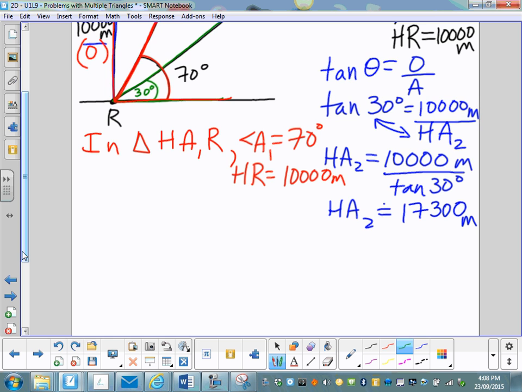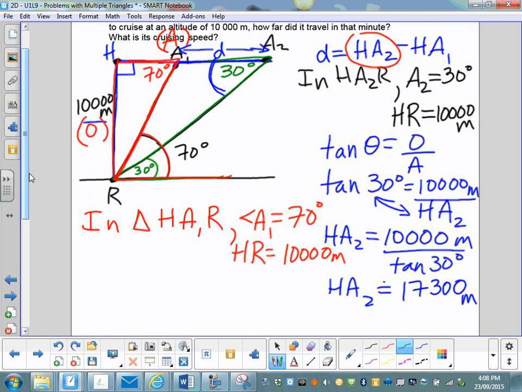So in that same situation, compared to what we did before, this side is opposite, the side at the top is adjacent. Okay? In both these situations, we don't know this length here.